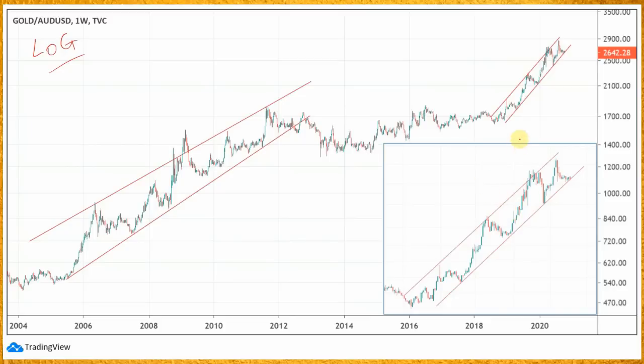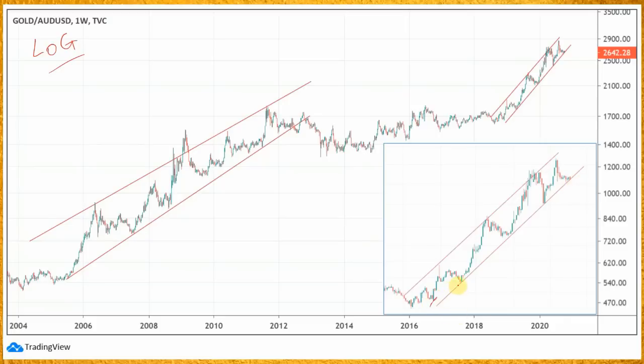I've done a close-up down here to show how quite nicely the price has moved up and down within this channel. But the thing is, we've actually already hit the bottom of the channel right now. And so if we do get a drop in the US gold price, what's going to happen here? We're going to have to redraw that line.